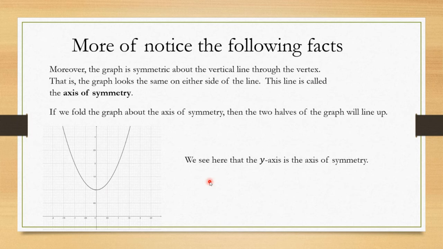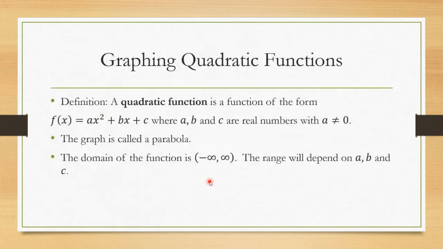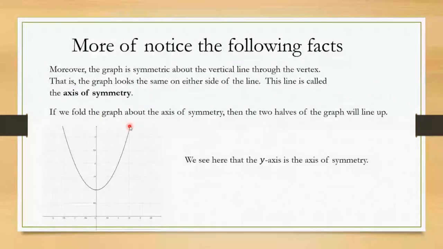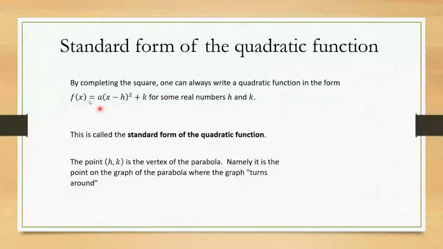Now, in the definition, let me go back to it. Here we have one way of writing a quadratic function. There is another way, which is also useful, called the standard form. And that's what this is. So the standard form is when you have this. This A is the leading coefficient.